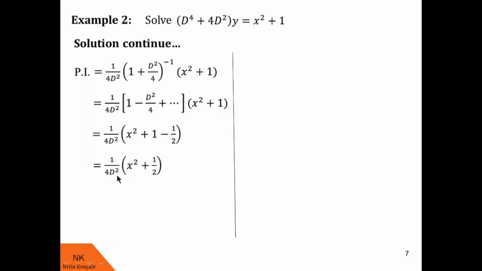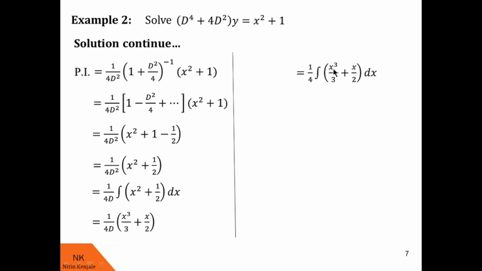1 by D square is nothing but double integration of x square plus half. So let us first do single integration, keeping 1 by D outside. Integration of x square is x cube by 3 and integration of half is x by 2. Now let's do one more integration of this term.